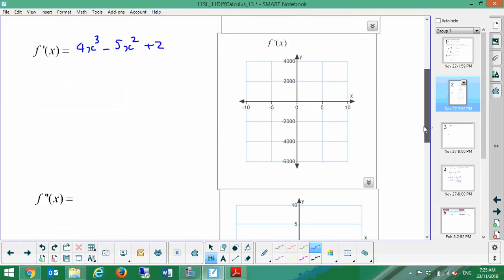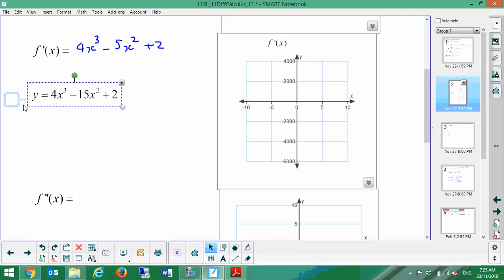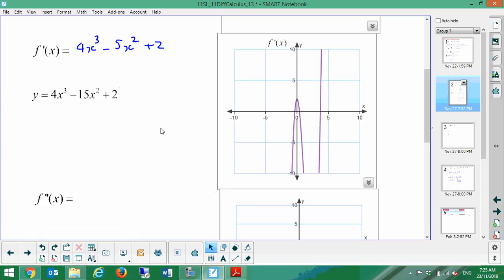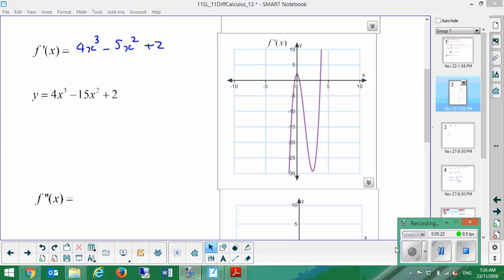So we've got x to the fourth becoming an x cubed, and then that graph is going to look like this one. So we can plot that onto there. And we see we now have that cubic. Now we can see that other minimum. It's come down here at almost minus 30. So that's our first derivative.